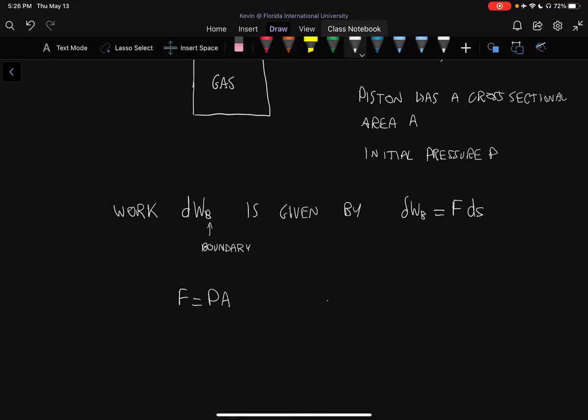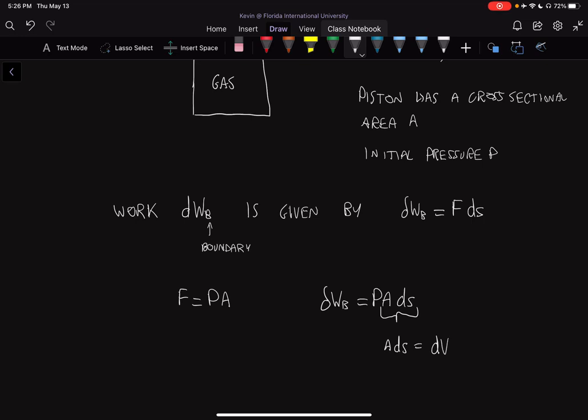Therefore, we can write that our differential work is equal to PA times ds. And what is this term A ds equivalent to? It's the area times the distance. A ds is equal to dV.